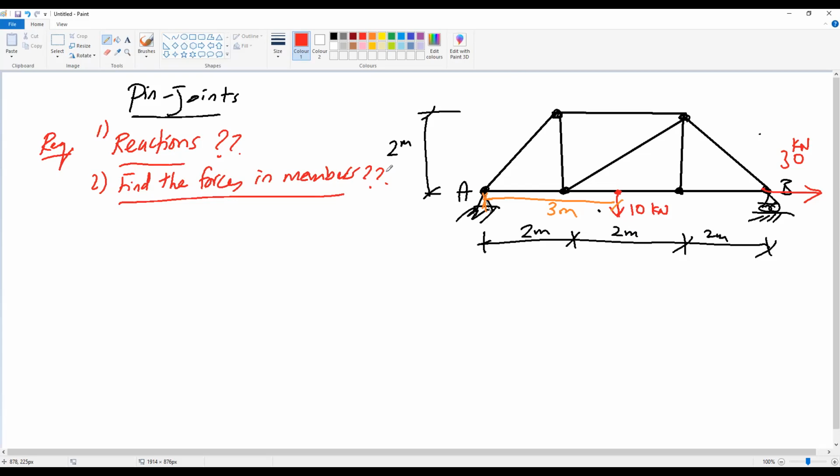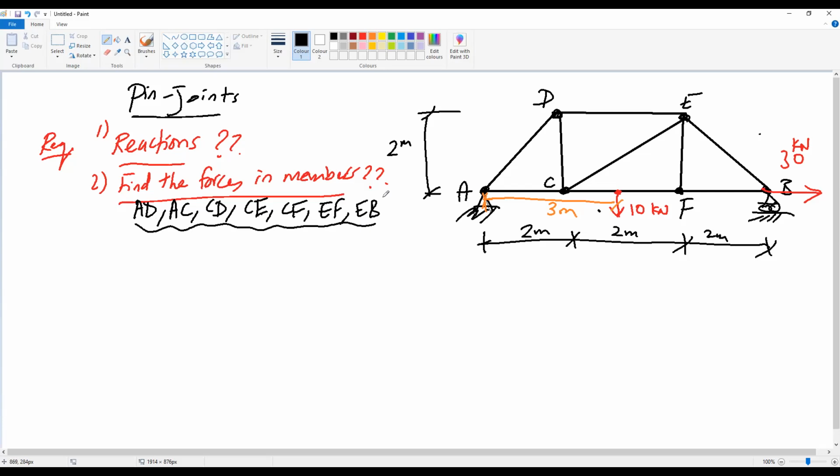So to do this, I will call all the joints first. So if this is A and B, we have this, let's say C, D, E, F. Okay, so we need to find the force in member AD, member AC, member CD, member CE, sorry, member CF, and member EF, and member EB.